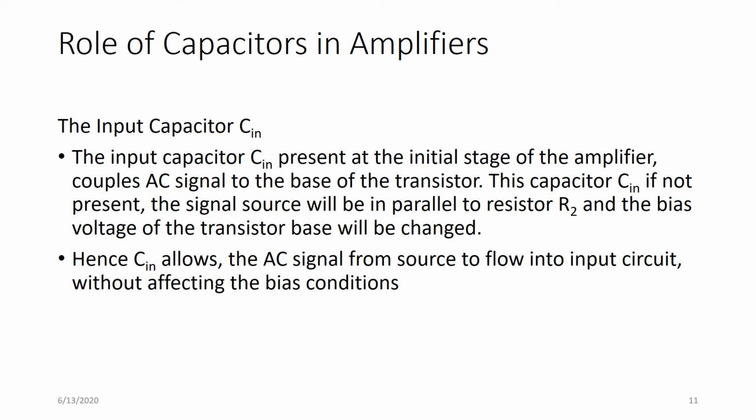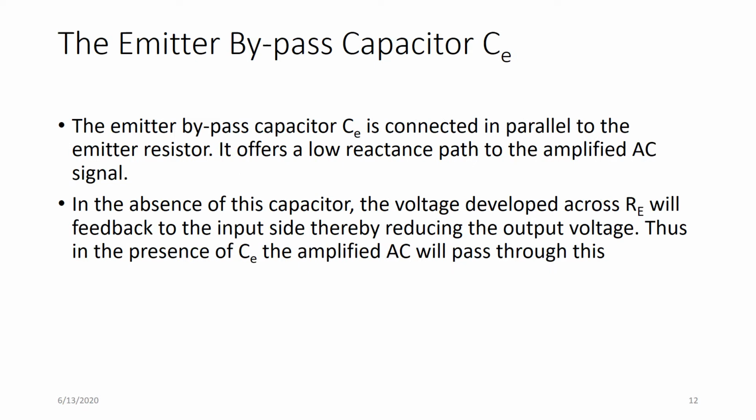If this capacitor is not present, the signal source will be in parallel to the resistor R2 and the bias voltage of the transistor will be changed. Hence, Cin allows only the AC signal from the source to flow into the input circuit without affecting the biasing condition.